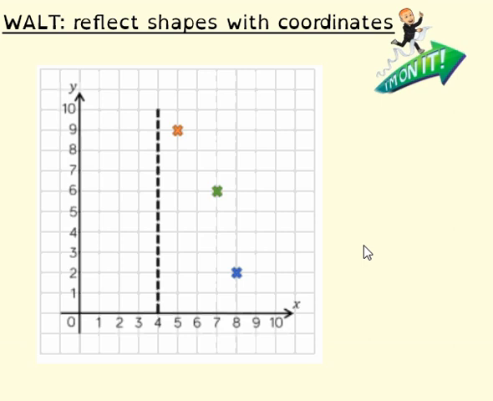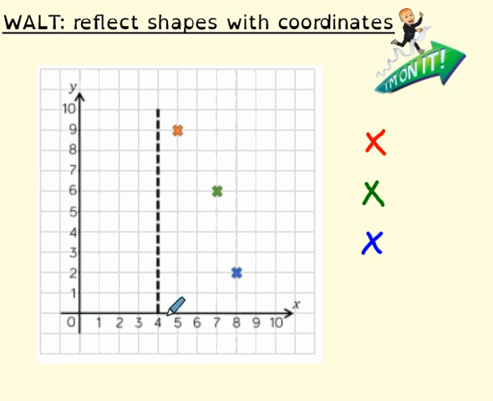It will ask you, first of all, to plot the coordinates of the points. So something similar to this, not quite the same, but similar. Plot the coordinates of the points, which from our lesson a few days ago, hopefully, is quite straightforward. Remember, along the corridor, along the x-axis before you go up the y-axis.